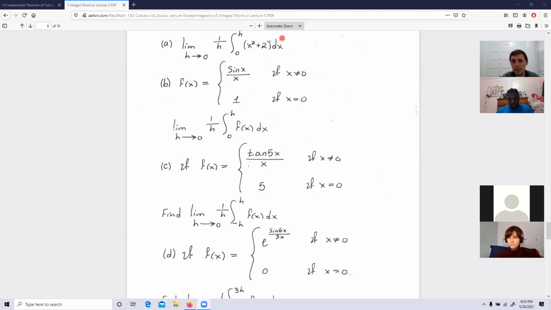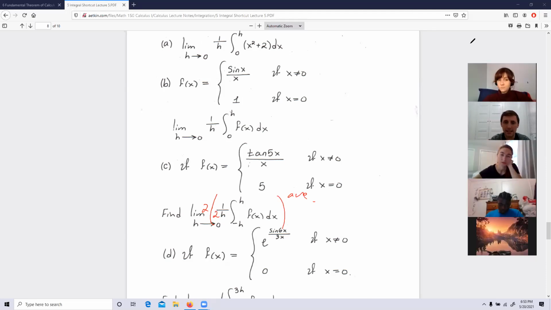So what's missing here is 2. You agree? But since I don't have a 2, I multiply by 2. So now what do I have? Whatever is in the parentheses is an average. It was not an average before, but by modifying it slightly, guys, you make it an average.